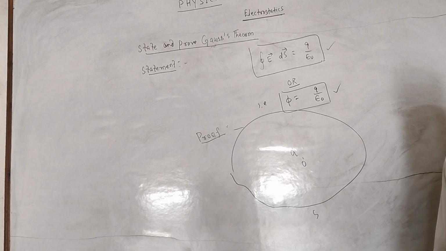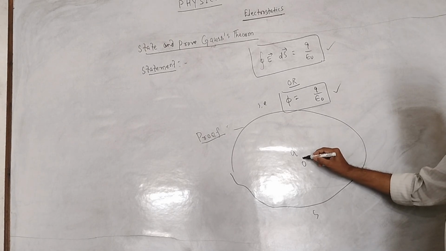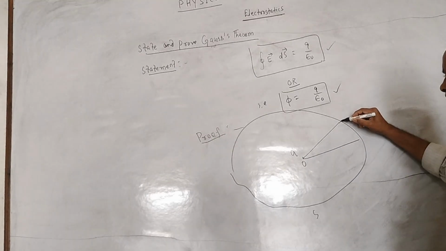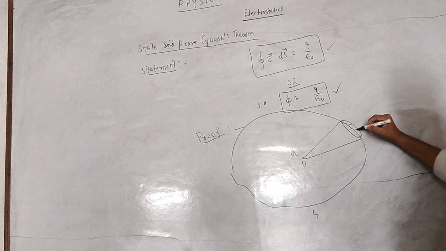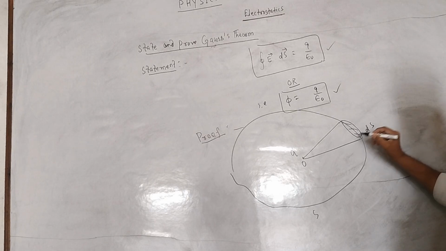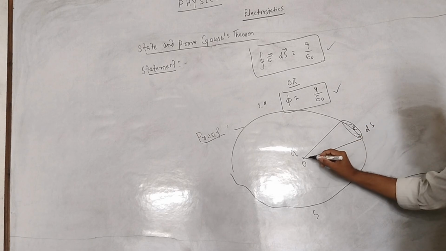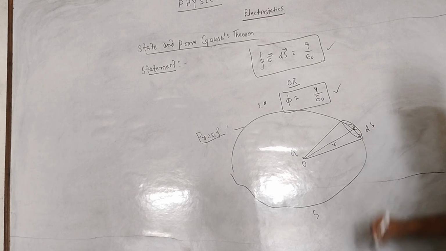Consider a small surface area whose area is ds. A point P lies on the small surface area whose distance from the point O is r.